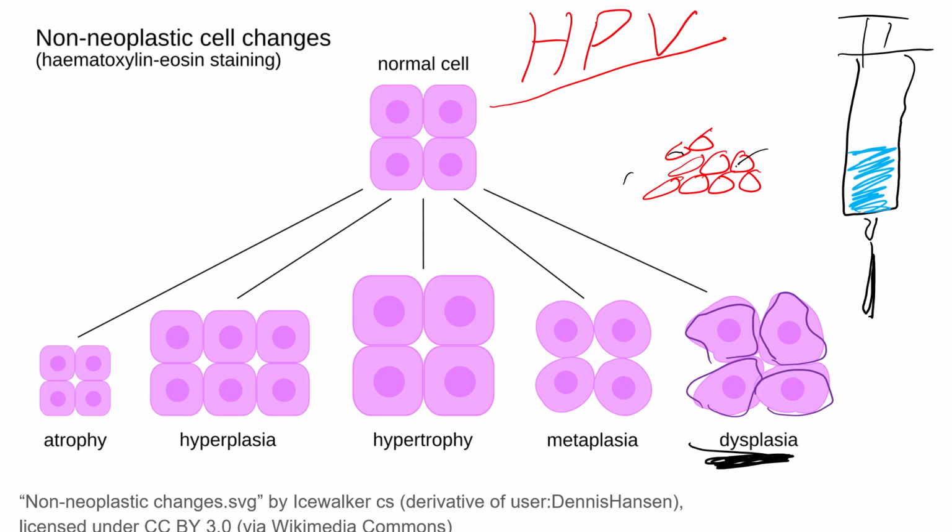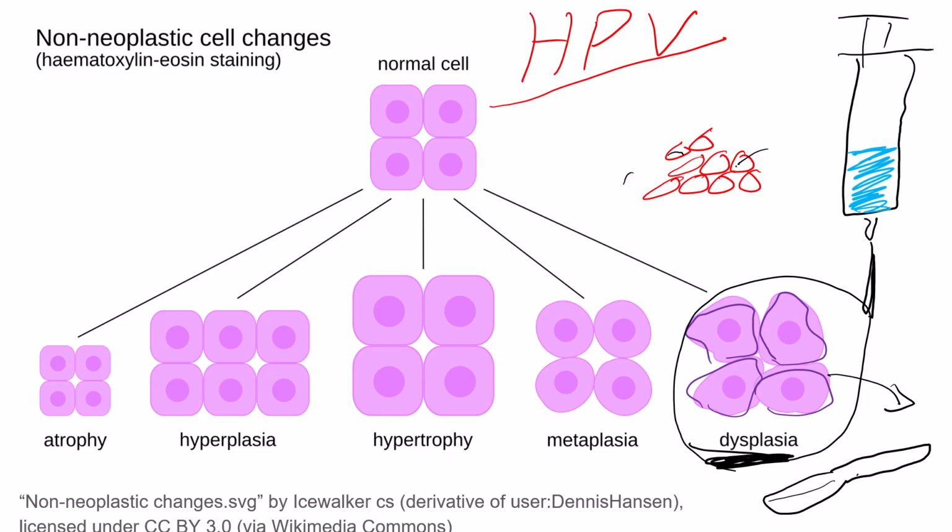She can go to the doctor, and the doctor can do an exam and check the cells from the cervix under a microscope and see if there is dysplasia. And if there is dysplasia, then the doctor can cut out some of those bad cells so that they don't become cancer in the future.